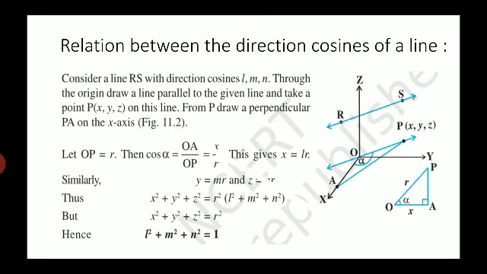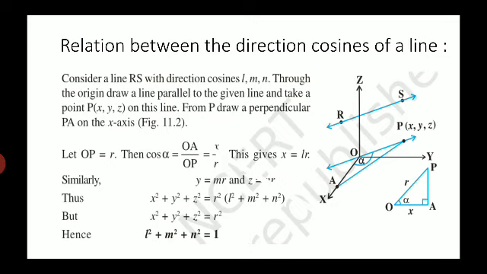From P, draw a perpendicular PA on the x-axis. Let OP equal r, then cos alpha, as alpha is the angle which the line OP makes with the x-axis, so cos alpha equals OA by OP, which is x by r.